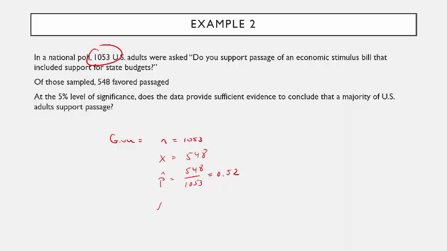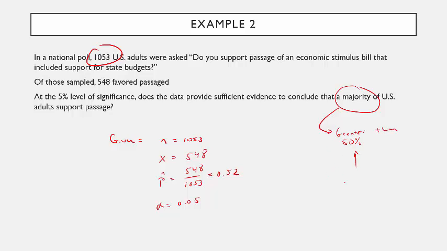Then again, at the alpha equals 0.05 level of significance, does the data provide sufficient evidence to conclude that a majority of U.S. adults support passing? So what represents a majority? Being greater than 50%. So I want to test to see if it's greater than 50%.